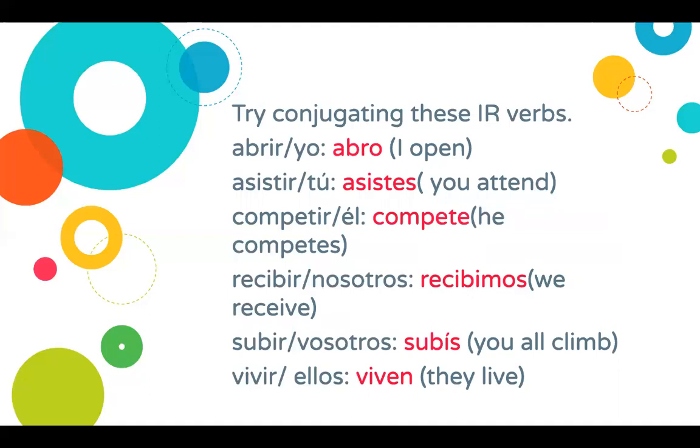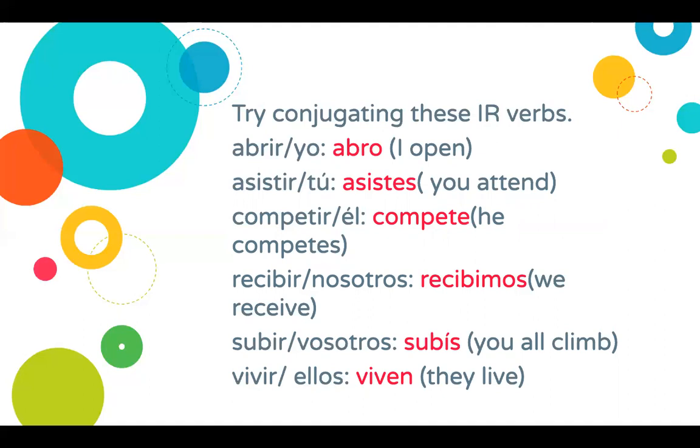Asistir in the tú form is asistes, which means you attend. Competir in the él form is compite, which means he competes.